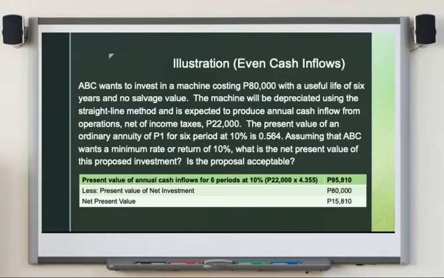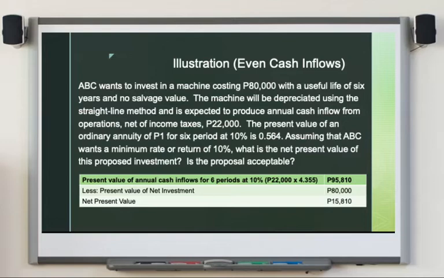The machine will be depreciated using the straight line method, and is expected to produce annual cash inflow from operation net of tax of 22,000. Okay, the present value of an ordinary annuity of 1 peso for 6 periods at 10% is 0.564. Assuming that ABC wants a minimum rate of return of 10%, what is the net present value of this proposed investment, and is the proposal acceptable?